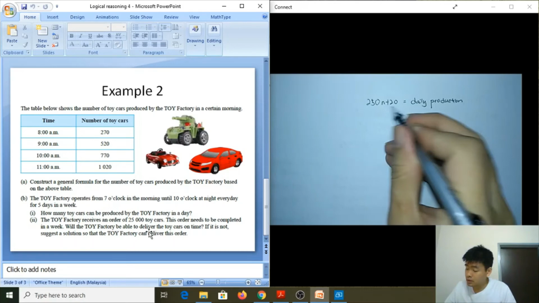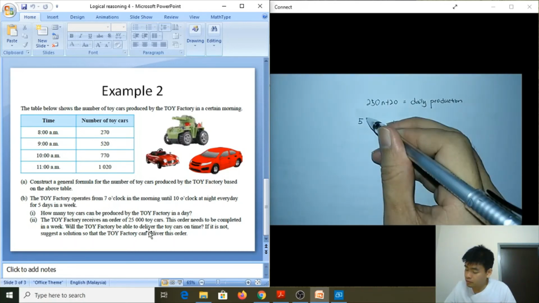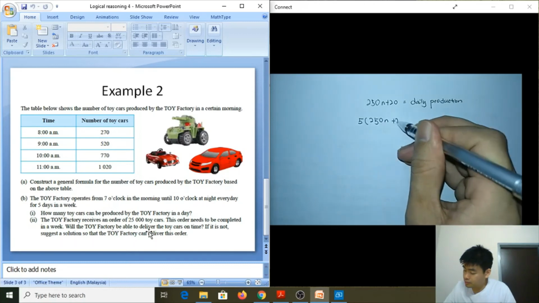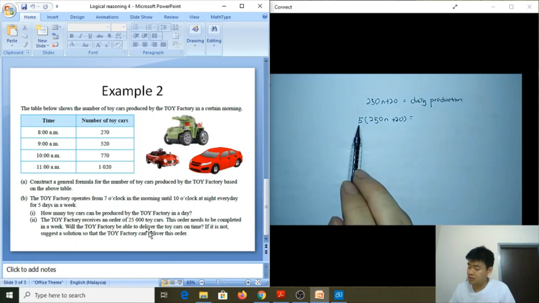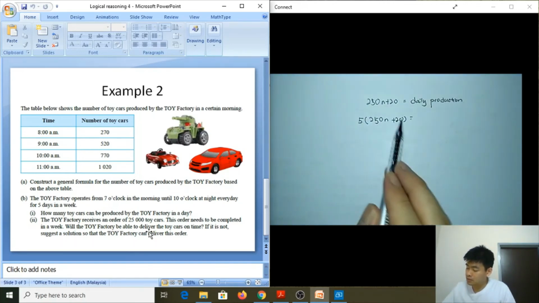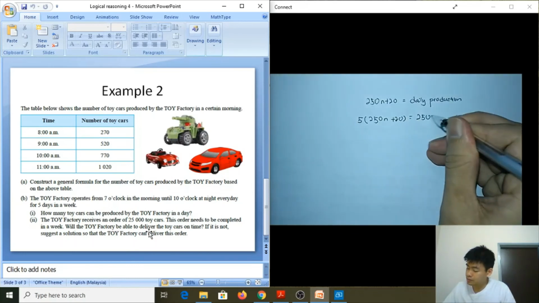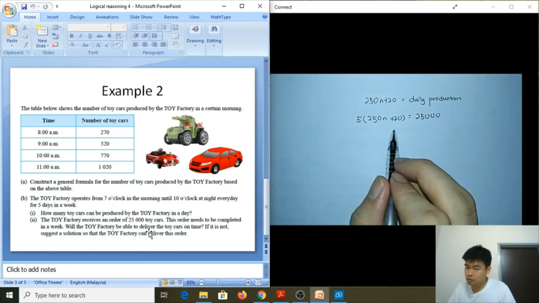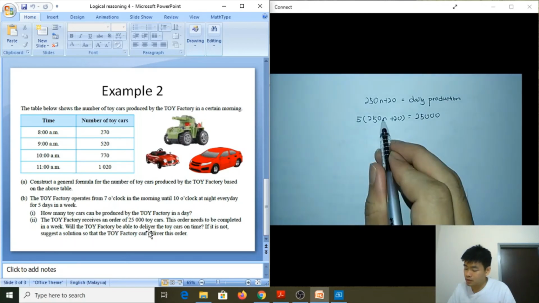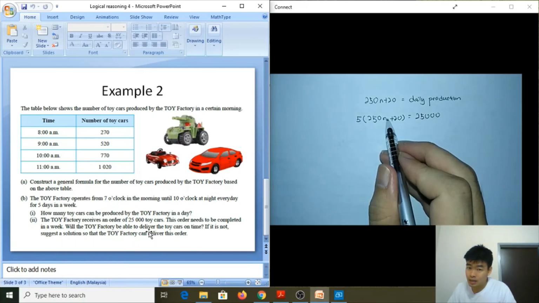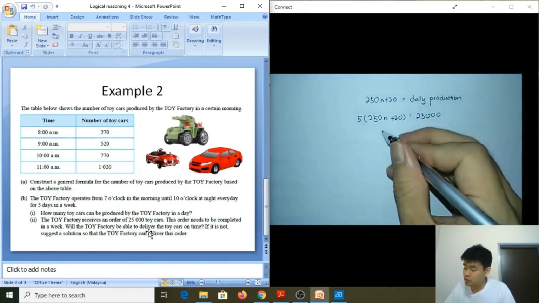So if I work for 5 days a week, the total number of toy cars should be 5 days times the daily production. So my expectation is 25,000, right? By solving this equation, you should be able to find n. When you find n, you are actually finding the daily production hours in order to complete the order, right?